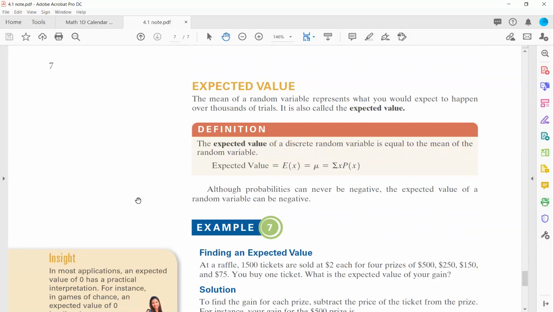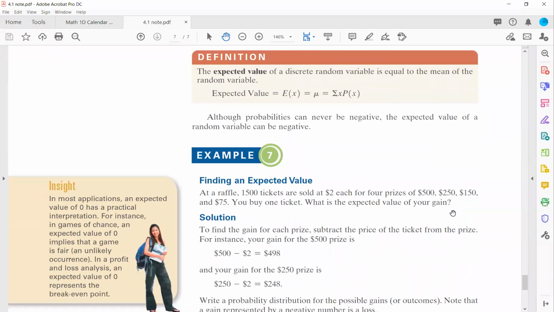Although probabilities can never be negative, the expected value of a random variable can be negative. So that's the main difference between expected value and the mean. You might end up with a negative expected value. Let us take a look at one example here.